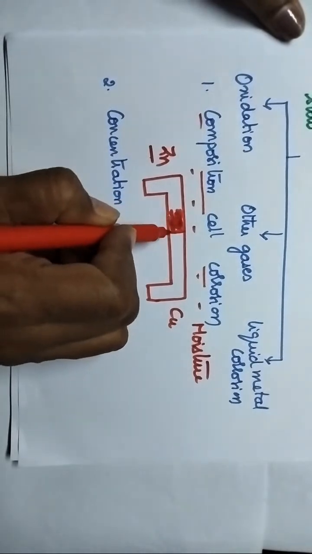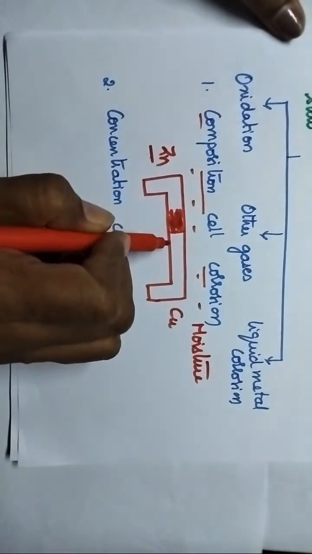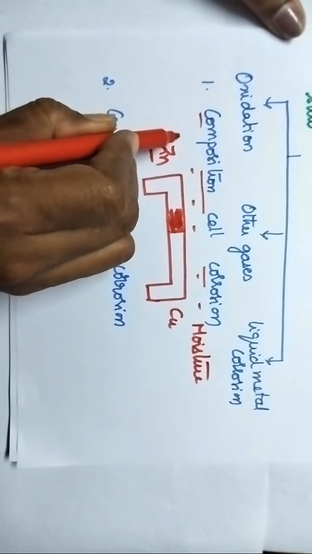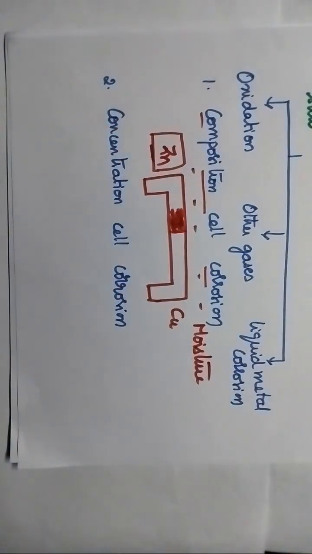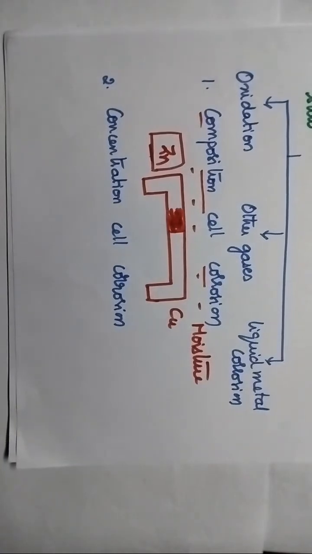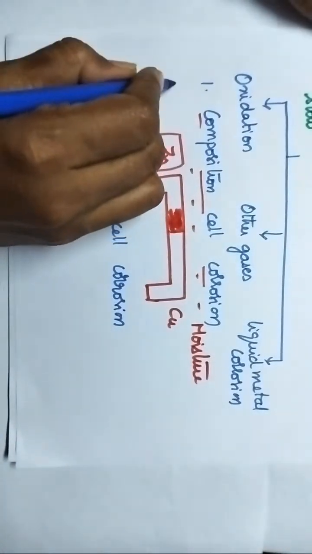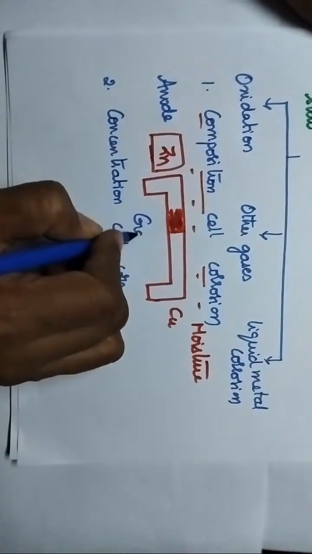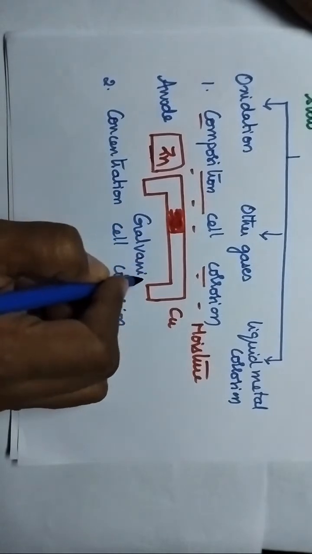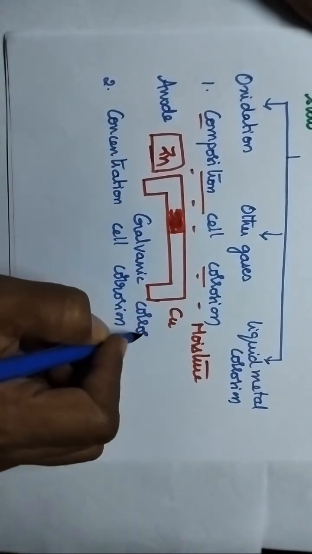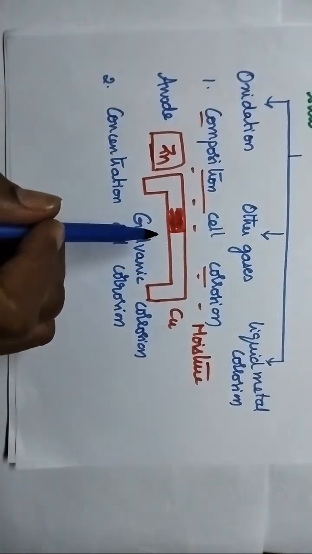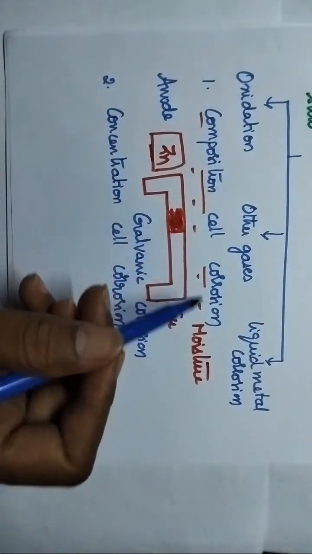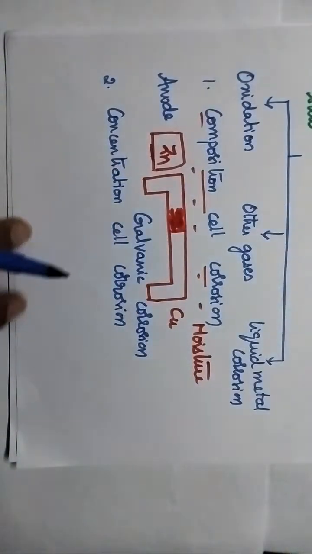So this type of corrosion arises due to the difference in the composition, and always the metal which is higher in the electrochemical series will act as anode and undergo corrosion. This type of corrosion is called galvanic corrosion, and it takes place whenever two or more metals are connected electrically and jointly exposed to a moist environment.